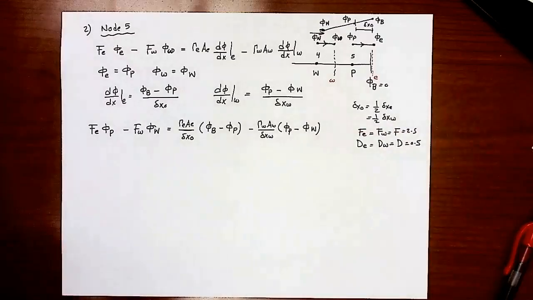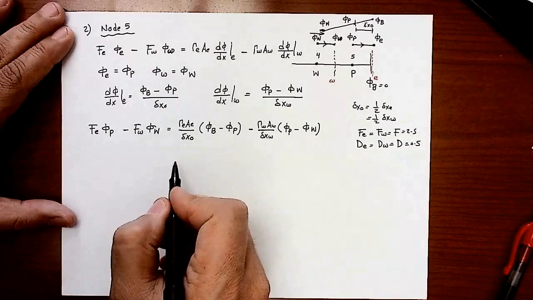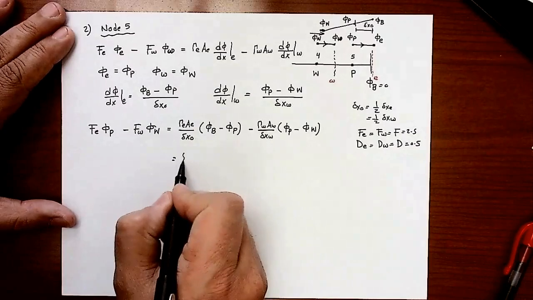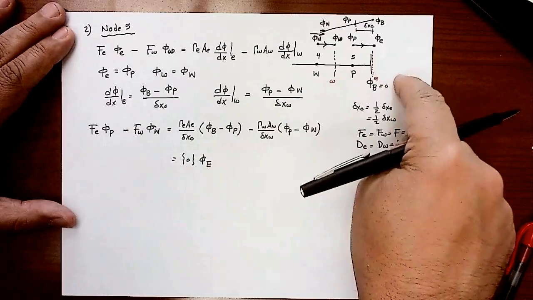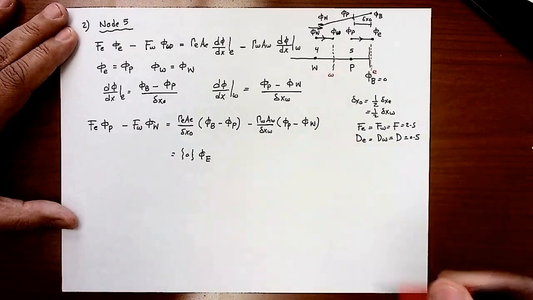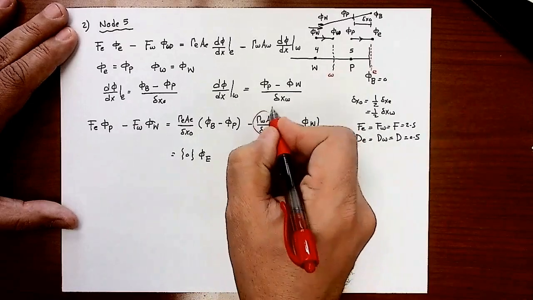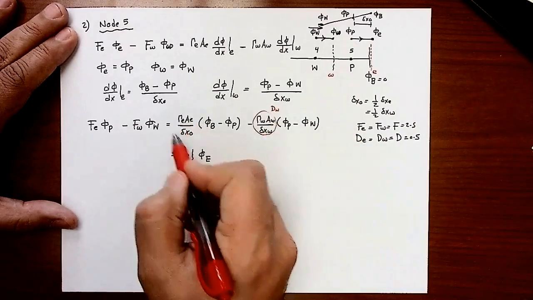And there's no source term here. So let's collect the terms. I will have 0 phi east, as there's no east node to consider. This term here is D west, call it that, not D east.